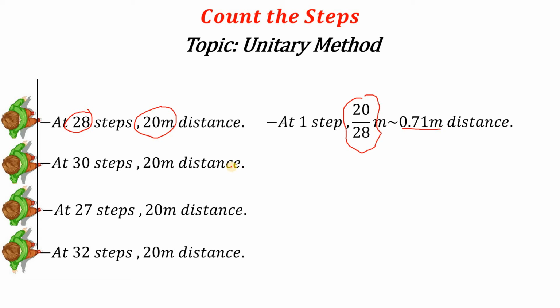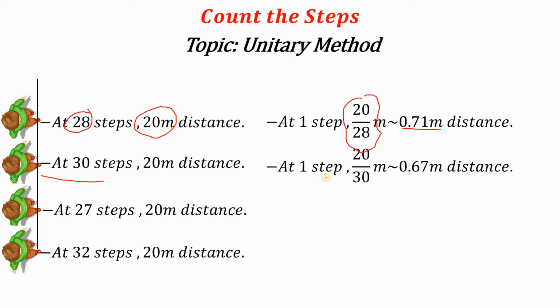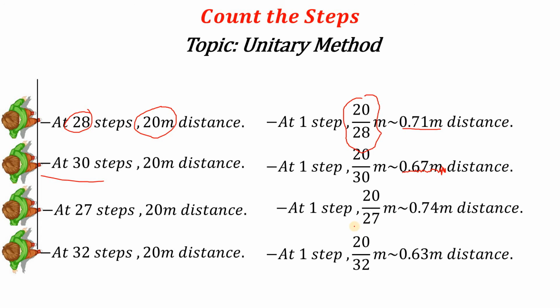Similarly, for the second student, in one step he covers 20 over 30 meters, which is 0.67 meters. Similarly, the third student covers 20 over 27, and the fourth student covers 20 over 32, which is 0.60 meter.